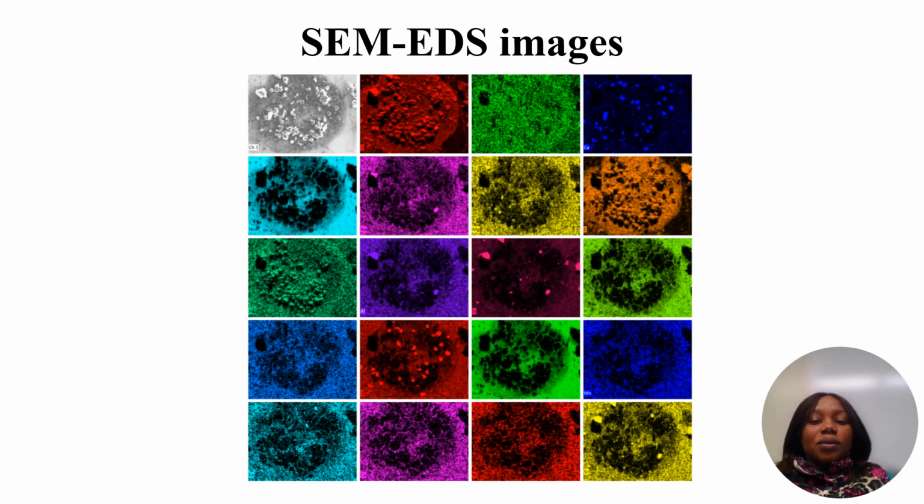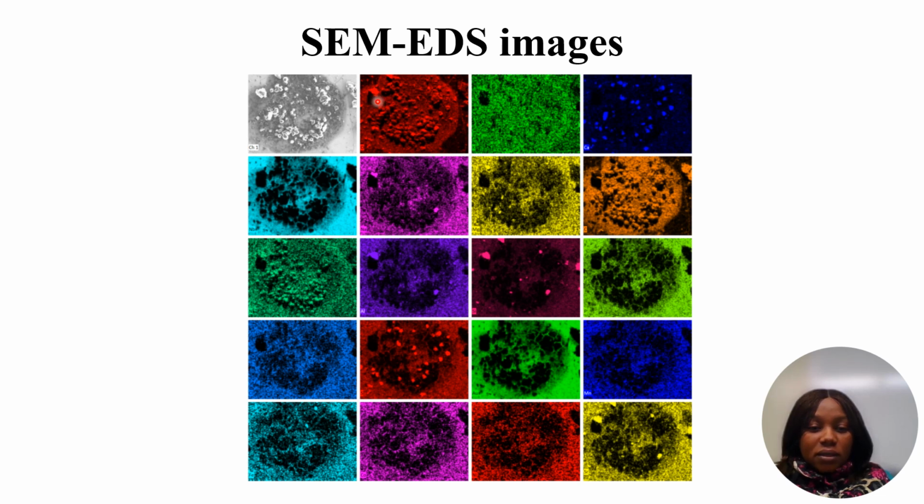And this is also a very good image showing the EDS mapping on a sample to show the elements that are present on the sample. You can see here, this is what the SEM image looks like, and then this is the EDS mapping. It's showing us that there's presence of oxygen.